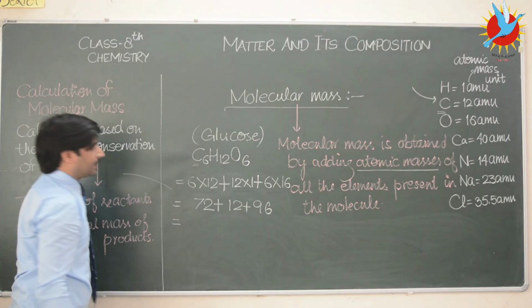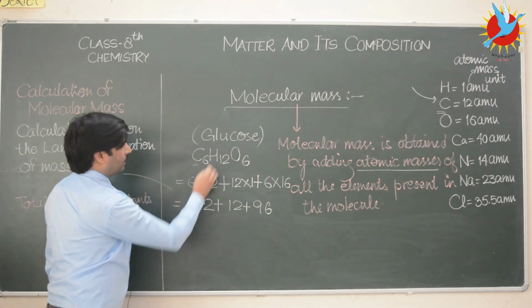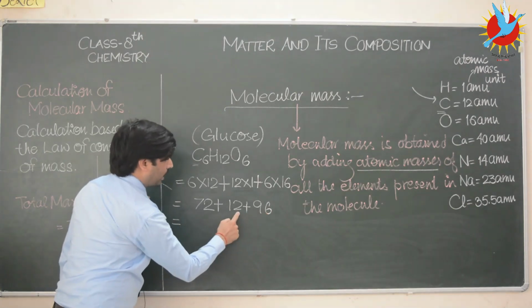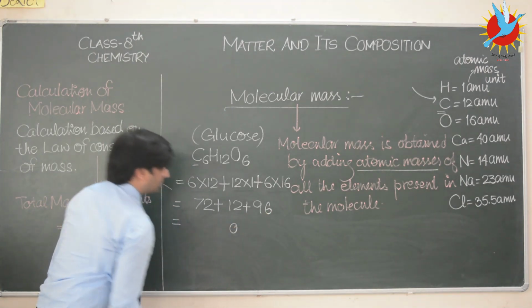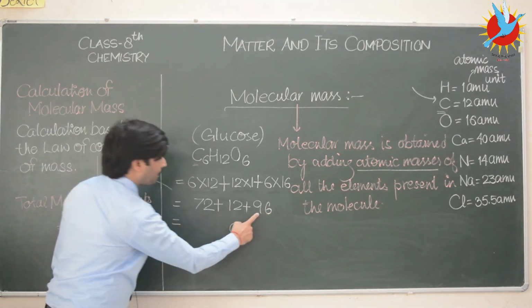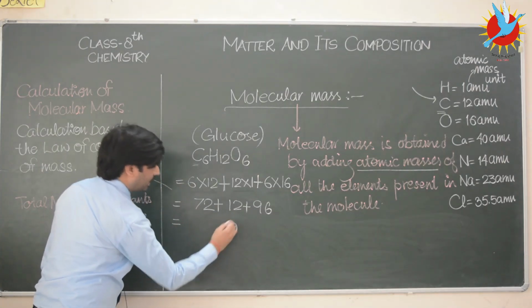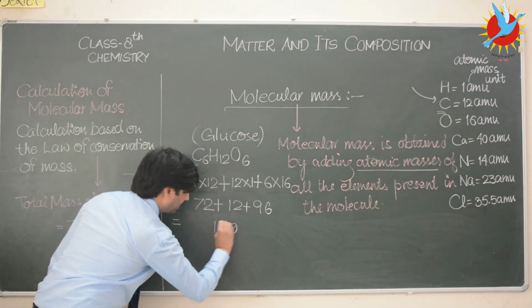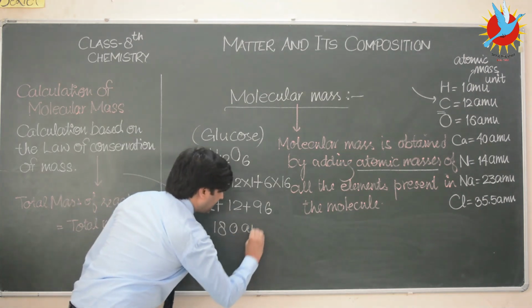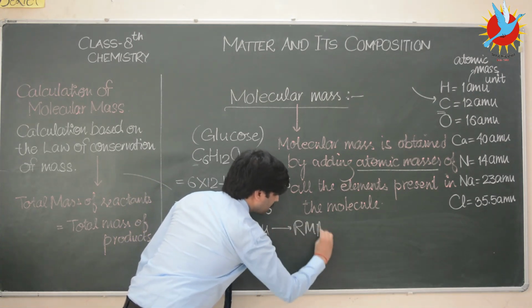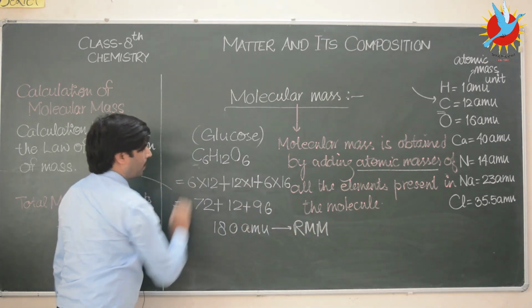Adding them together, we get 180 AMU, the relative molecular mass of the glucose molecule.